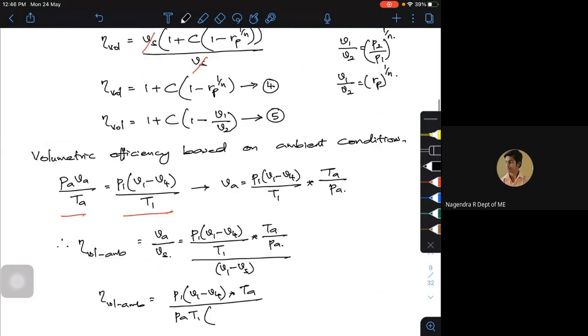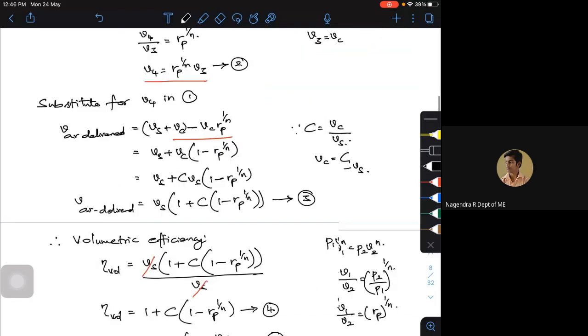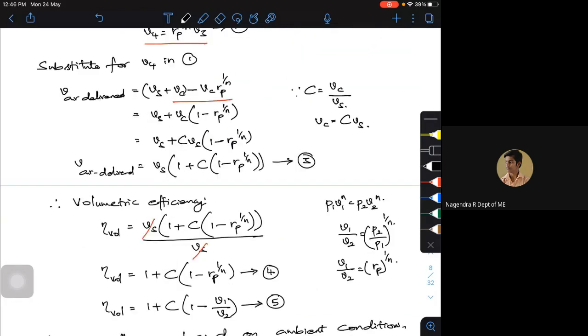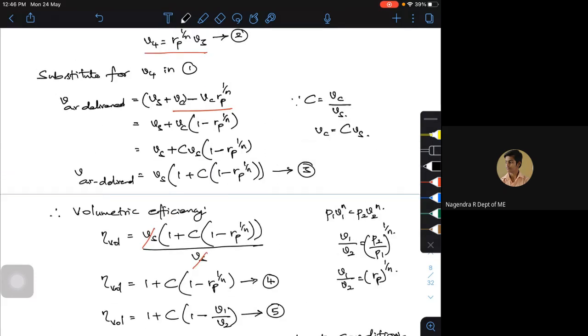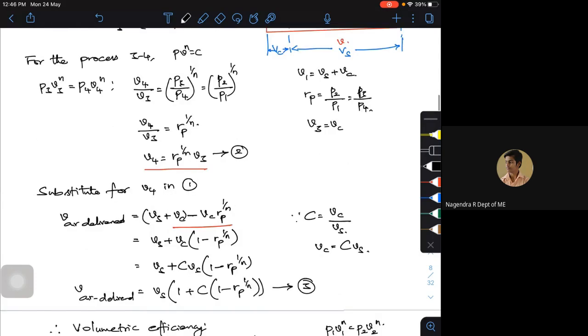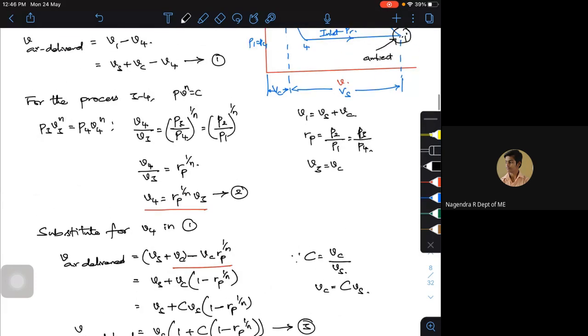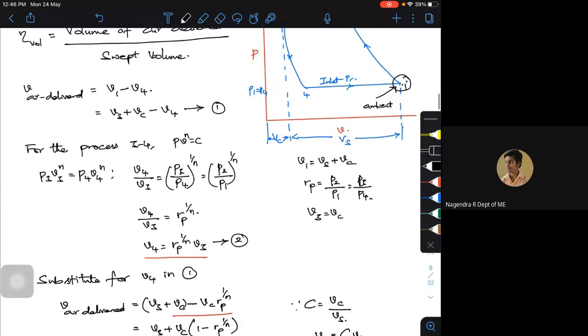So V1 minus V4, this expression, I will write with V1 minus V3. V3 is nothing but your Vc, and V1 is nothing but your Vs plus Vc.